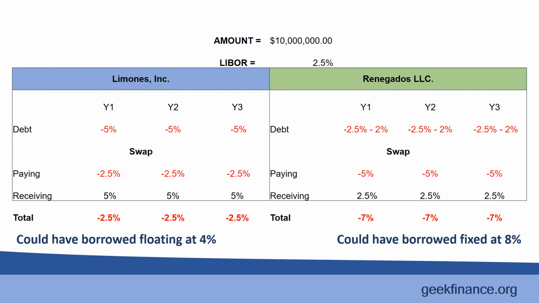And the second thing that you will notice is that if you add up all the cash flows, the net position is lower than it would have been if each company had looked for financing in the market individually. Limones could have borrowed at a floating rate of 4% and now is borrowing at a rate of just 2.5%. And Renegados could have financed itself at a fixed rate of 8%, but thanks to the use of the swap, it is now financing itself at 7%.